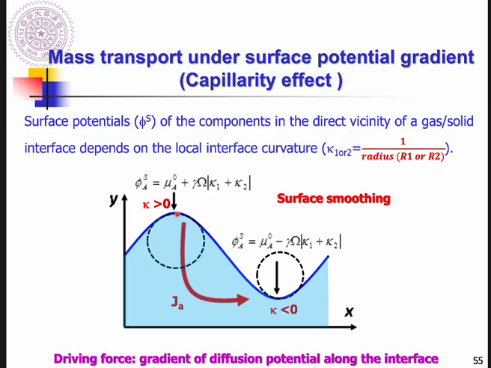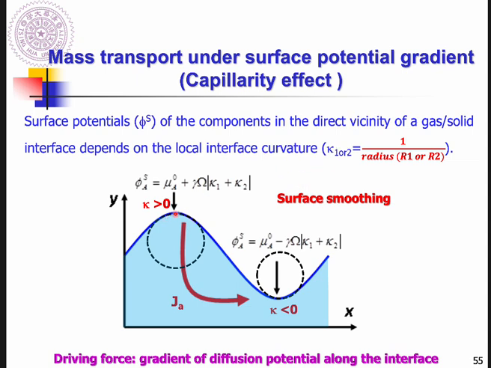When the atoms are at the interface between the gas and the solid, they have a surface potential, and this potential depends on the local interface curvature, kappa.